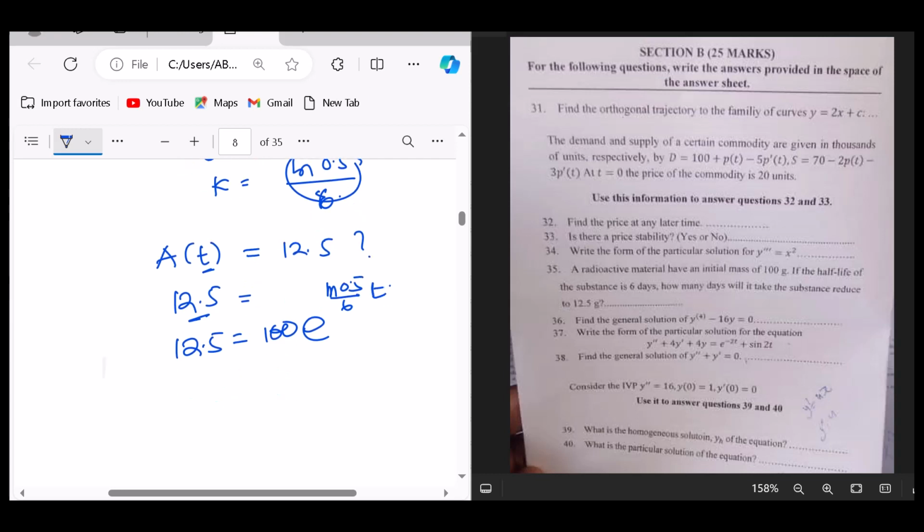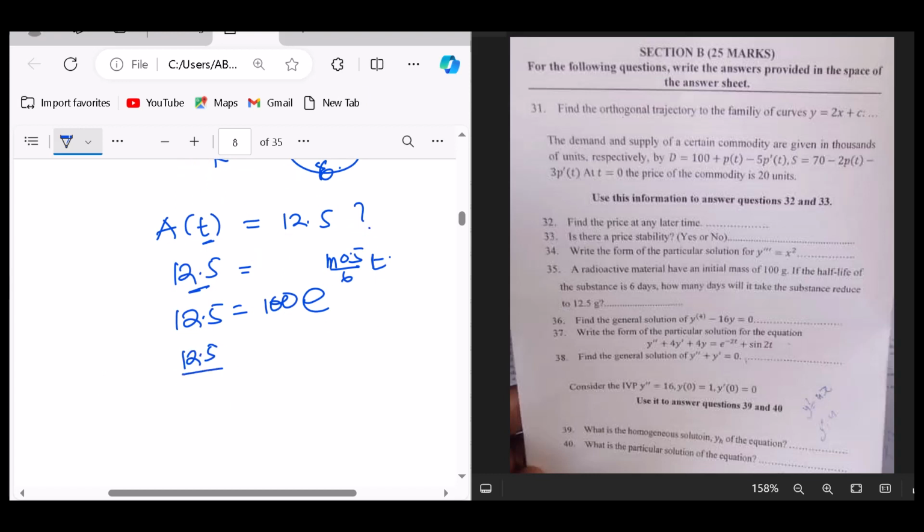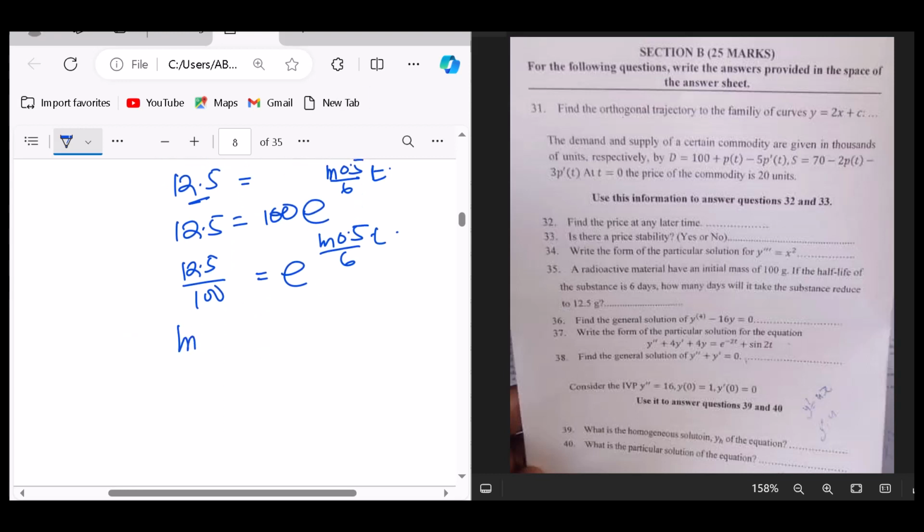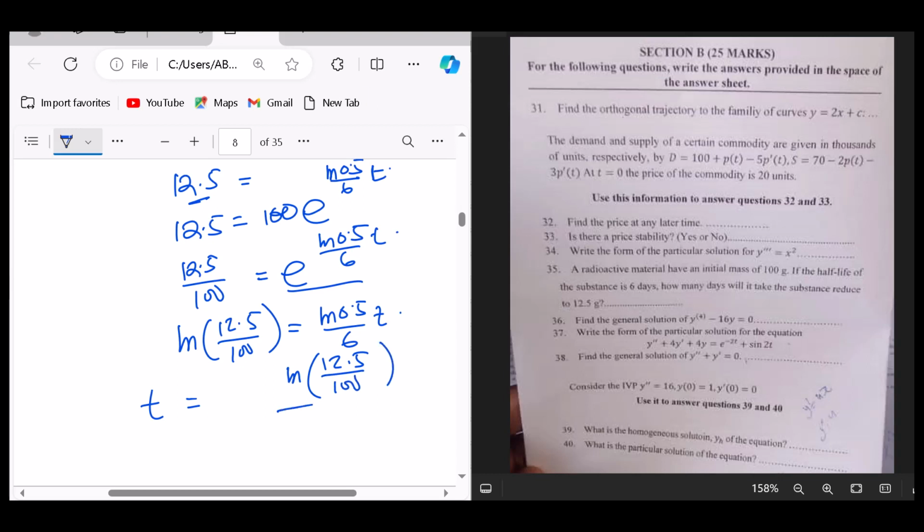So here we just have 12.5 over 100 equals e power ln 0.5 over 6 t. Now taking ln of both sides again, I have ln of 12.5 over 100 equals ln 0.5 over 6 t, and so my t becomes ln of 12.5 over 100 divided by ln 0.5 over 6.